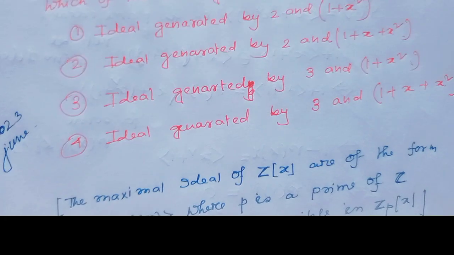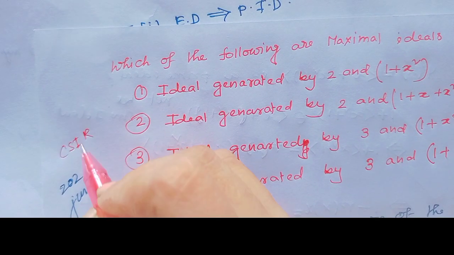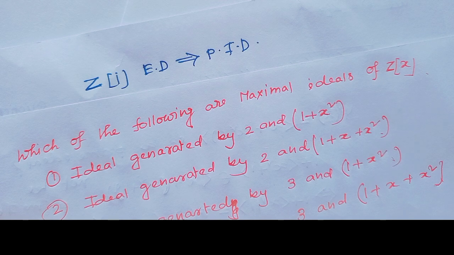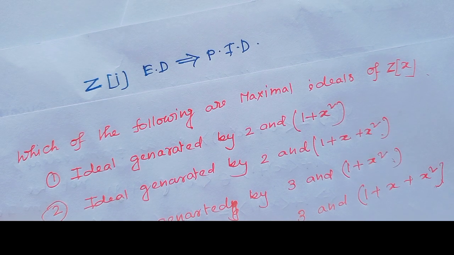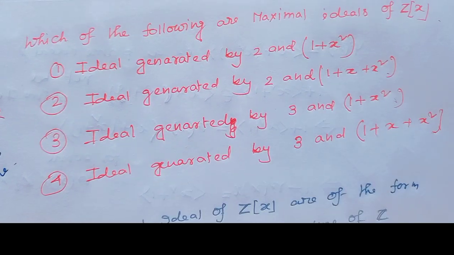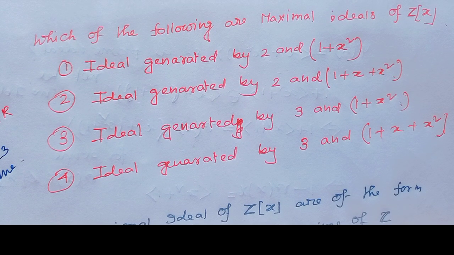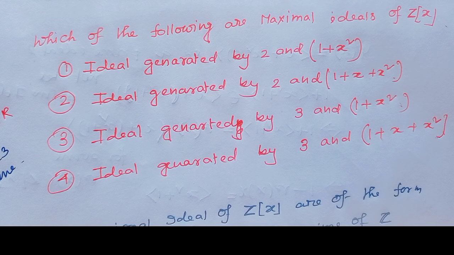Okay. Next I will solve a question which came in the CSIR NET June 2023 exam. The question is, which of the following are maximal ideals of Z[x]? Option 1, ideal generated by 2 and 1 plus x square. Option 2, ideal generated by 2 and 1 plus x plus x square.